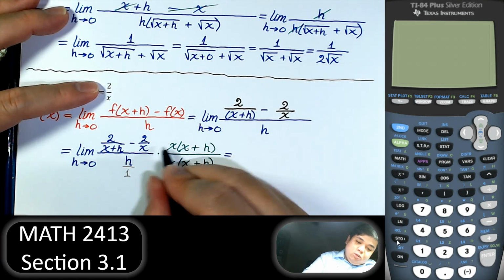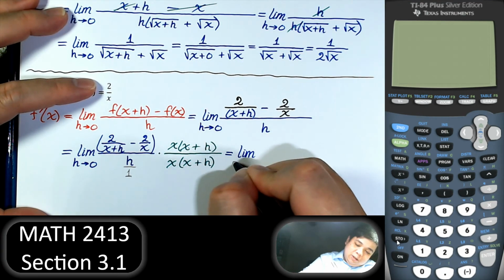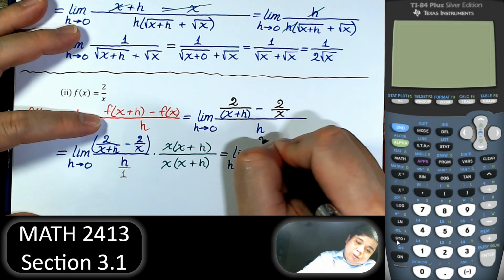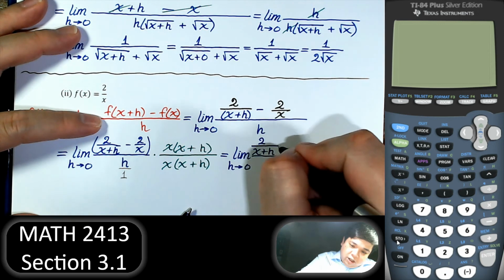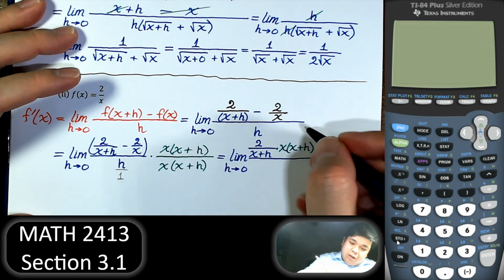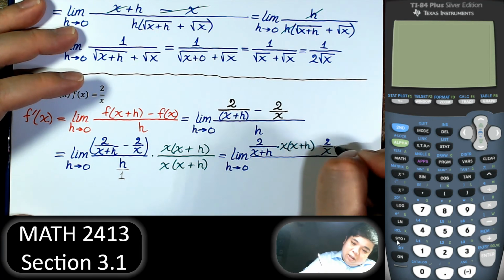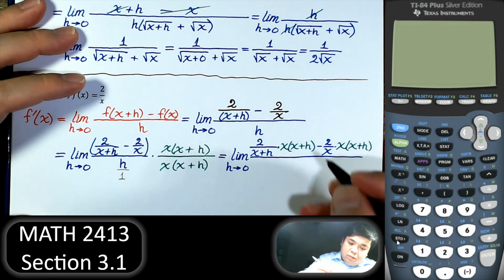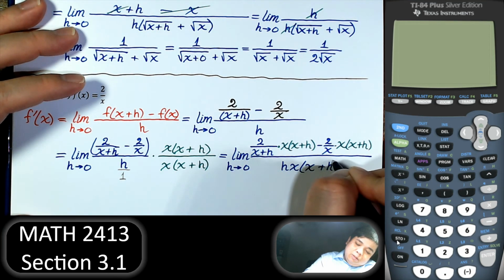So I multiply that to every term on the top: 2 over x plus h multiplying x times x plus h, minus 2 over x times x and x plus h, over h times x plus h at the bottom.